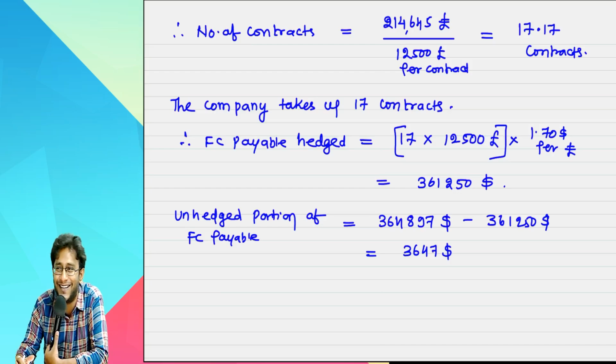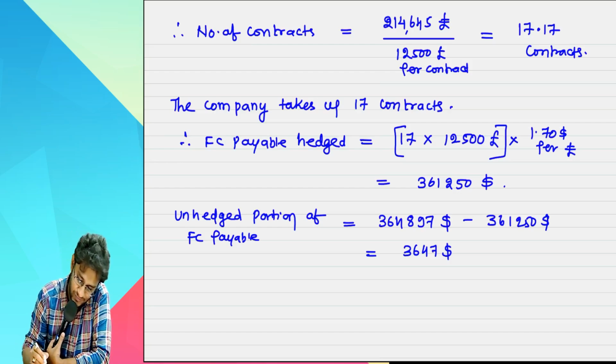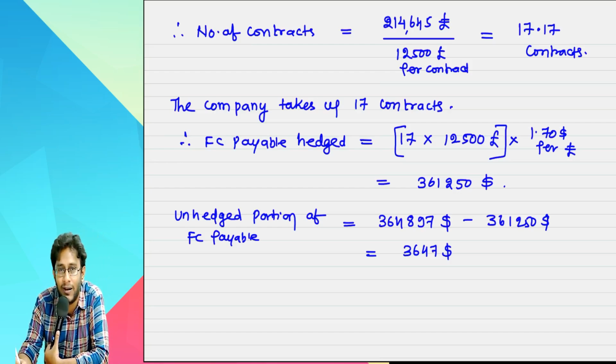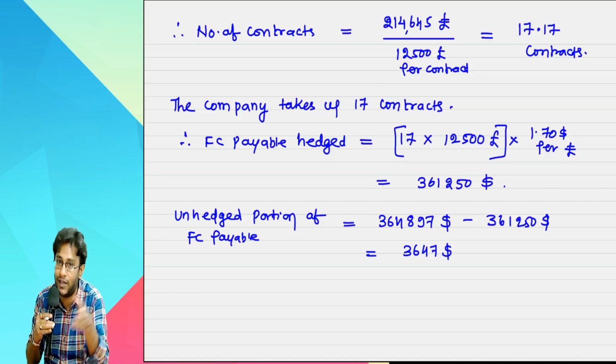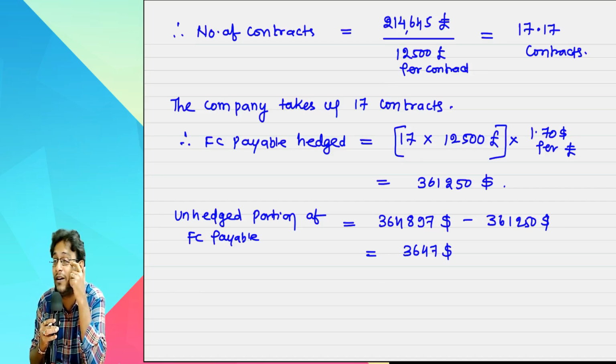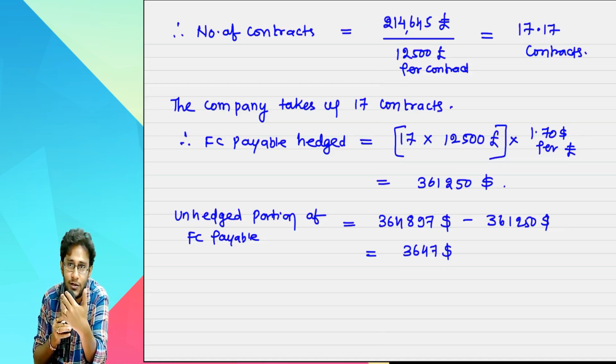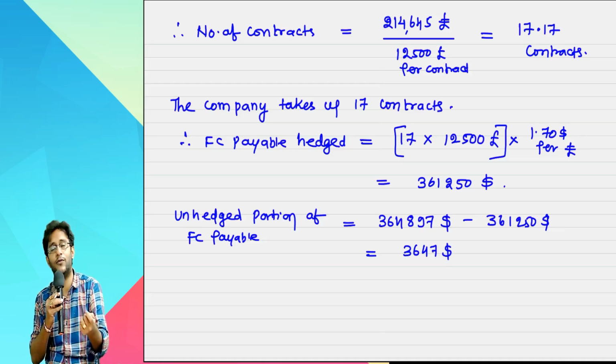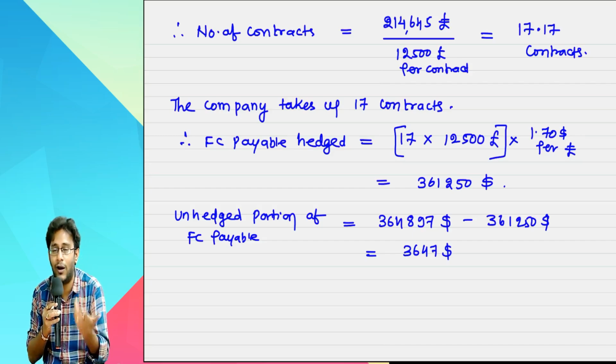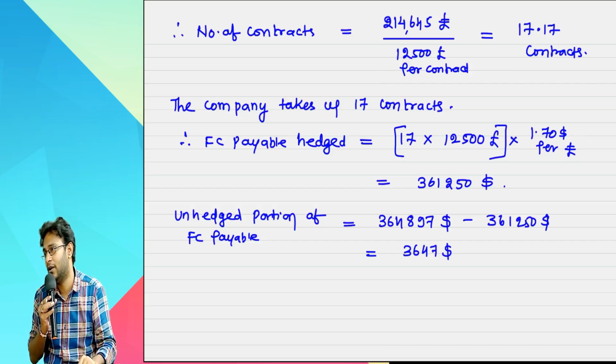You got to do something. You don't have a choice, sir. You are forced to the wall to take a forward contract here. Sir, I will remain unhedged. If you are really lucky, you can remain unhedged, but you are not. Sir, after 3 months or after 6 months, if I have to buy $3,647 from the market, at what rate will I buy? The questioner did not give it.